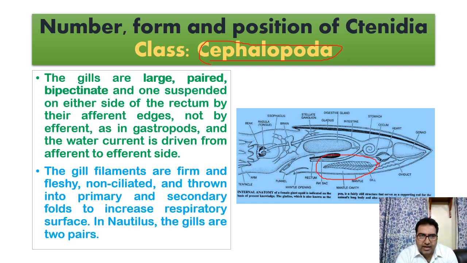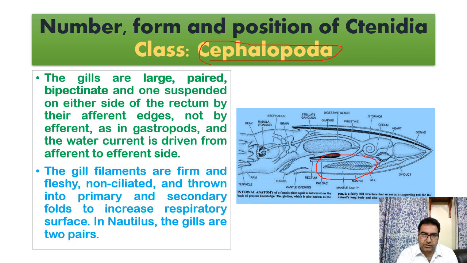The gills are large, paired, bipectinate, and they are suspended on either side of the rectum by the afferent edges. Secondly, the gill filaments are firm and fleshy, non-ciliated and thrown into primary and secondary folds to increase the surface area.